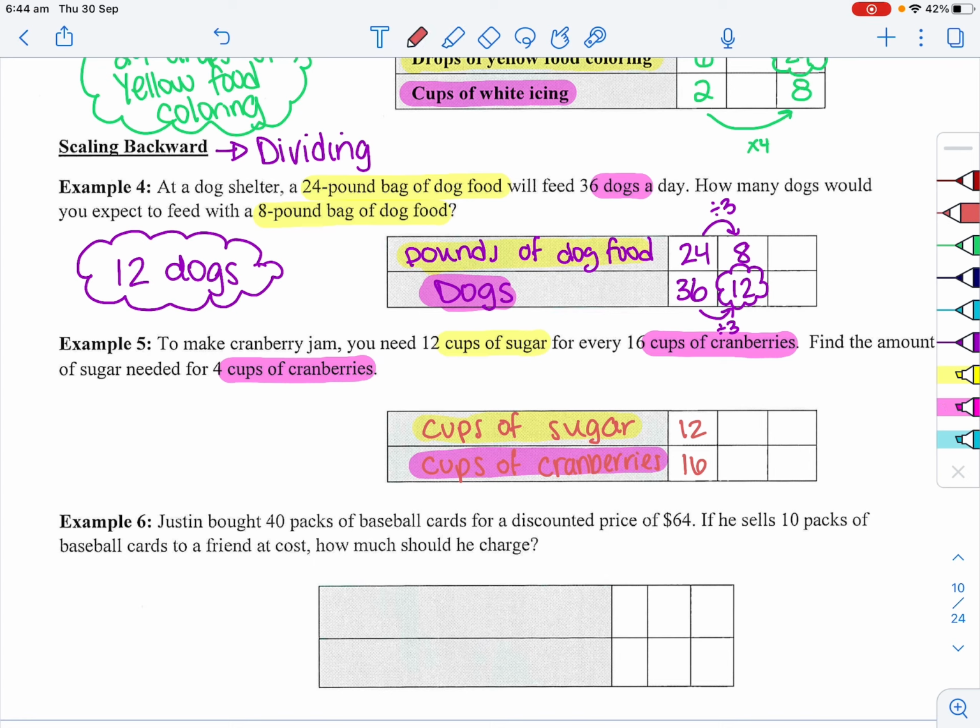And again, I'm going to put that in the middle column because from 16 to 4, my value went down. So to get from 16 to 4, I'm going to divide by 4. And I'm going to do the exact same thing on the top. 12 divided by 4 is 3. And it's going to be 3 cups of sugar.